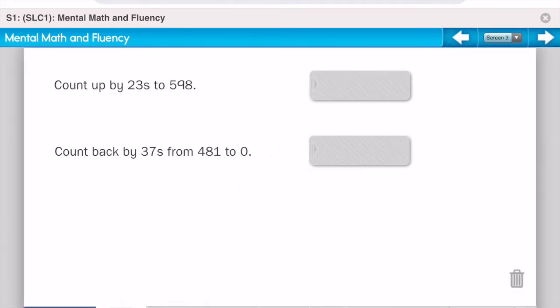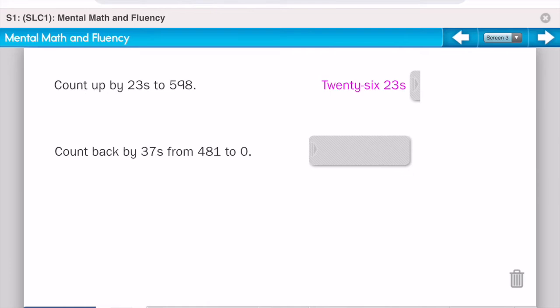All right, last two. On your calculator, if you're counting up by 23s, how many times do you need to hit plus in order to get to 598? This one will take a moment, so I'll wait. Hit pause if you're not there yet, but on a calculator, you would have to hit plus 26 times to get to 598.